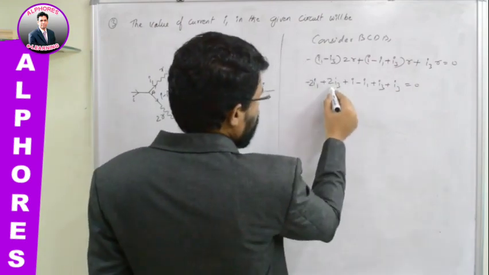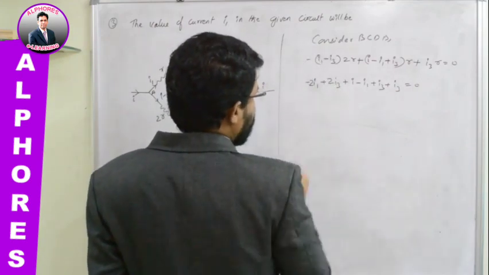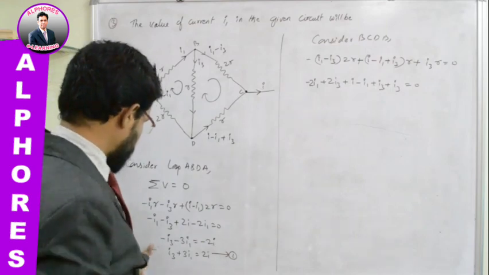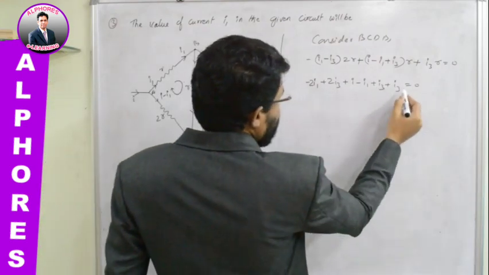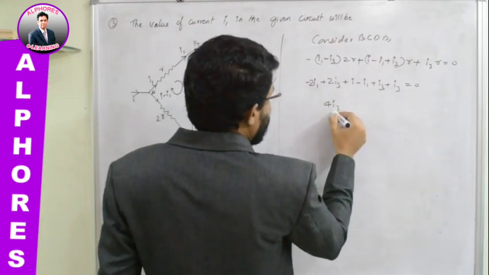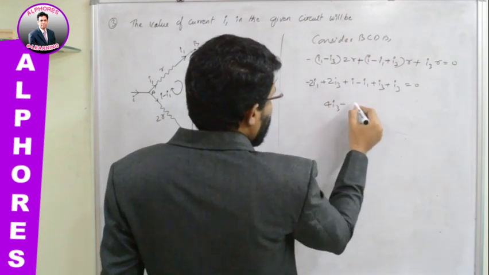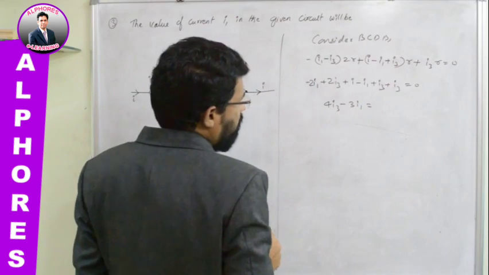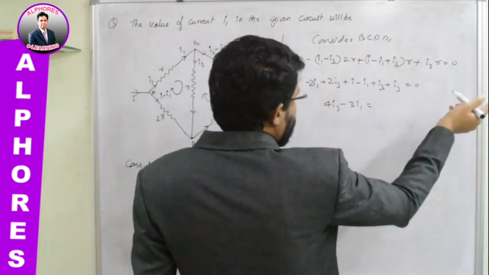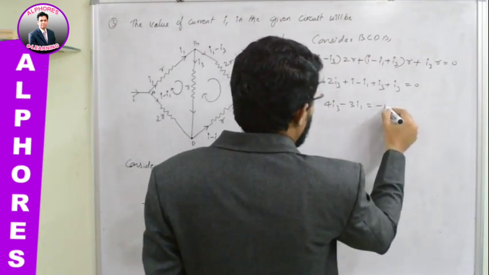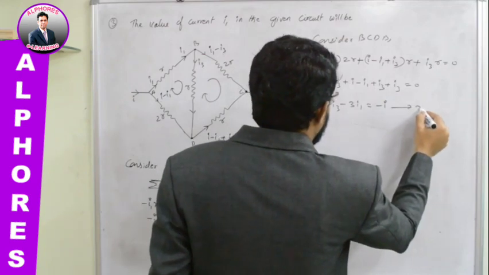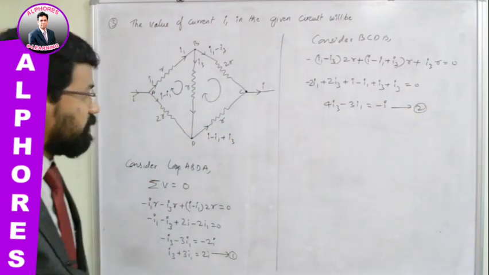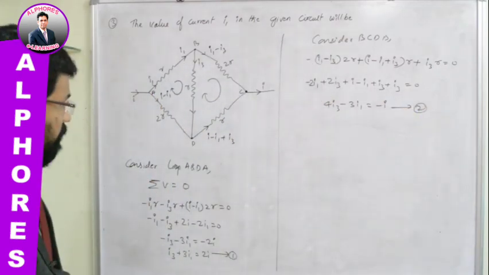Okay, so just add all these things. Let us have a small symmetry here. 2I3 plus I3 plus I3, 4I3, minus 2I1 minus I1, minus 3I1, is equal to plus I; I will take it towards the RHS side. You will have minus I. Let us take it as equation number 2.